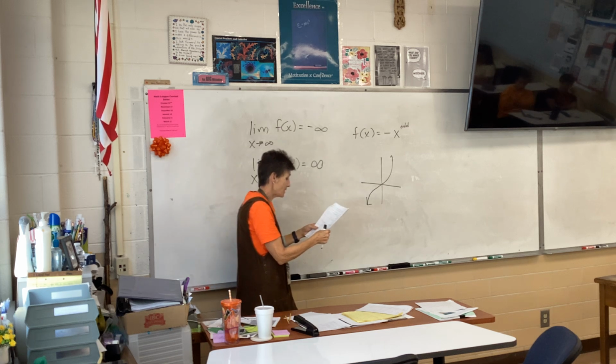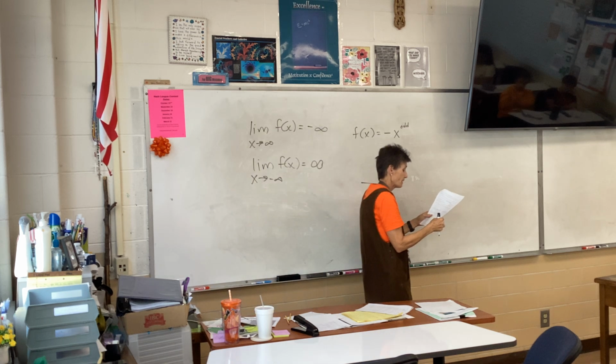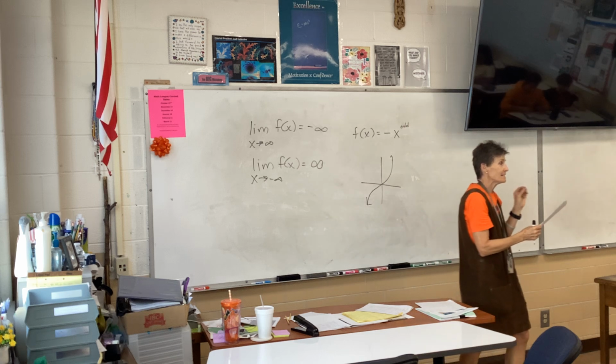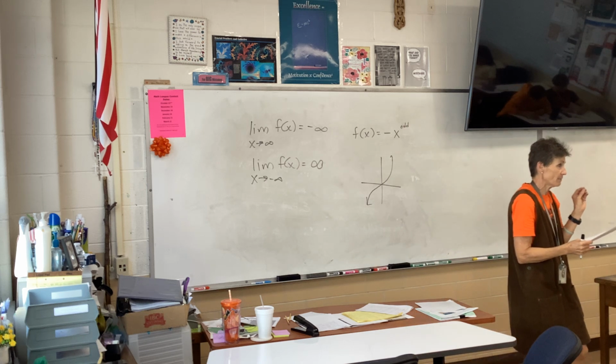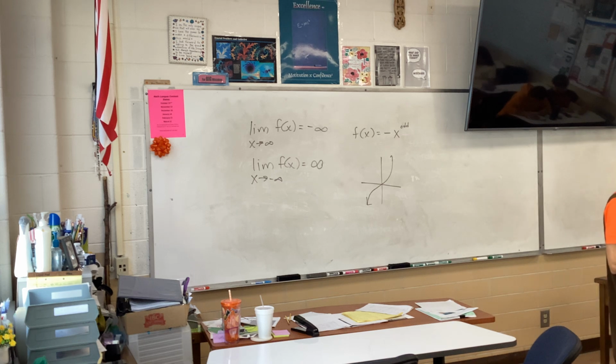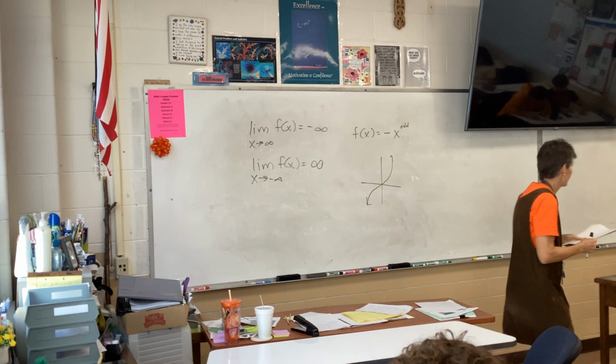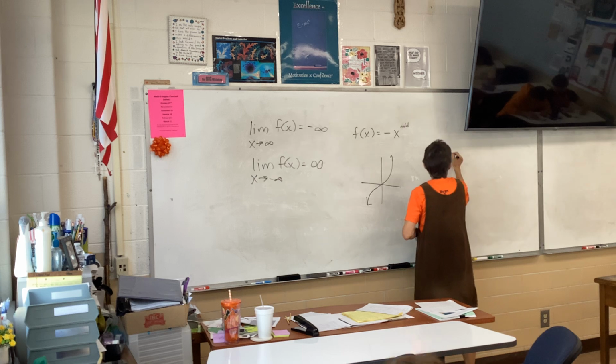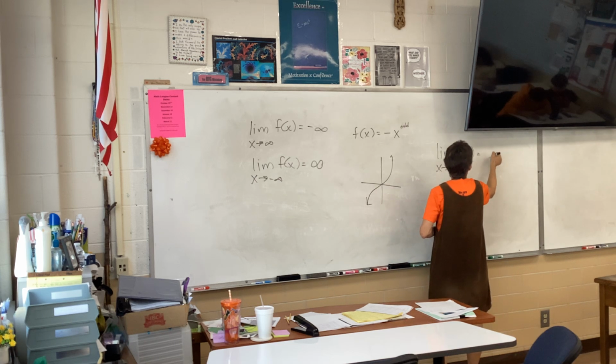All right, what about B? As x decreases, we're going to the left now, x is decreasing, y is increasing. So as x goes to negative infinity, y is going up.